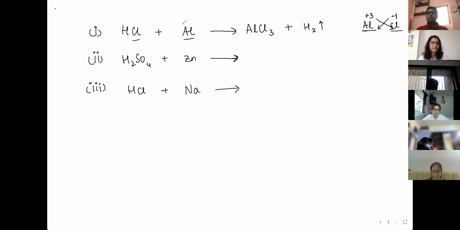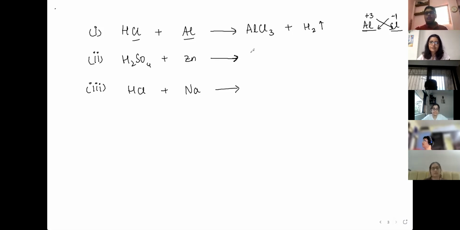As long as you know the valency of aluminium, you can make the compound aluminium chloride, aluminium sulfate. You don't have to memorize it. With the application, you'll easily be able to write the reactions. So whoever is not confident with valencies and formation of compounds, revise the grade 9 atoms and molecules chapter. Go over it again and again. Okay.